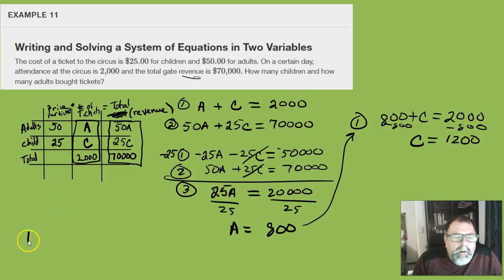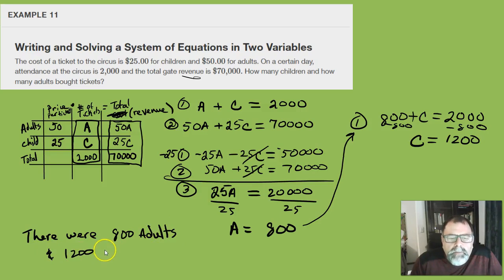So there were 800 adults and 1,200 children that bought tickets that day.